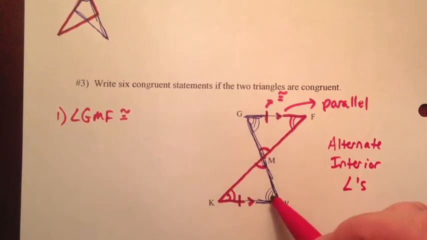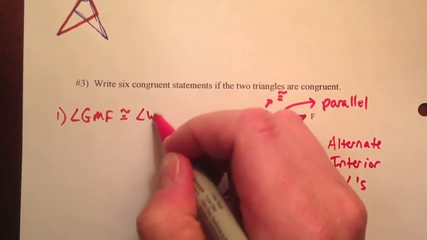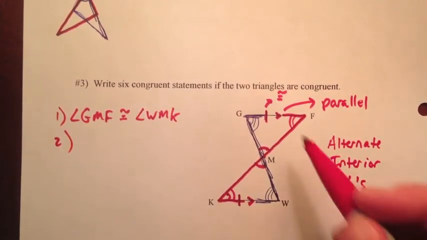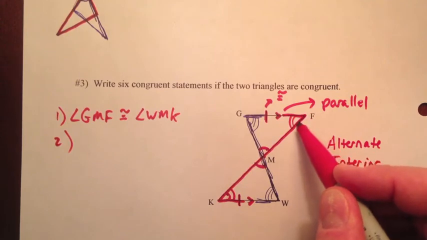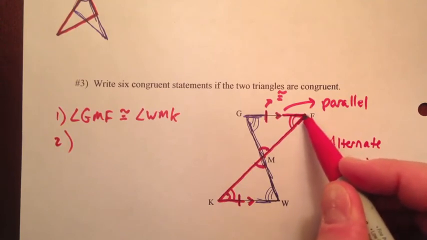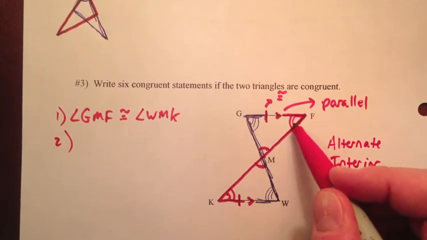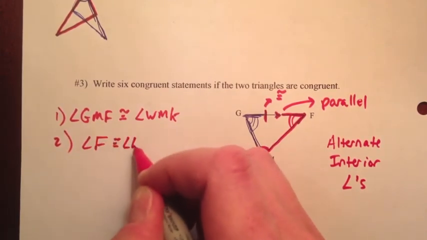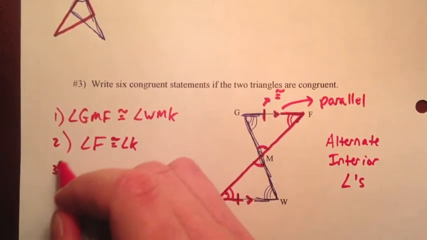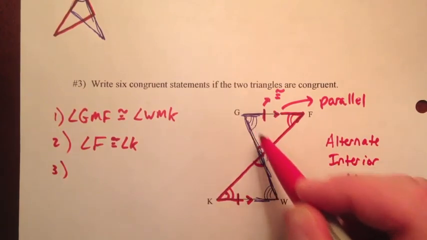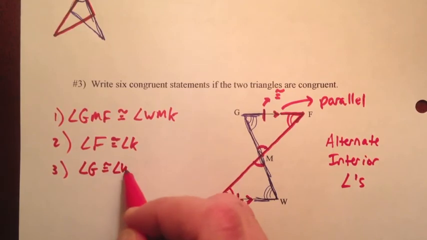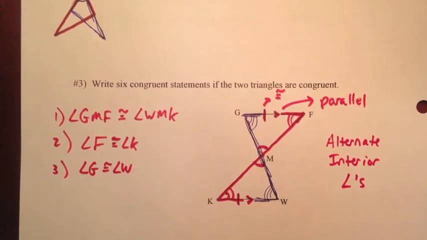GMF, 3, 1, 2, angle WMK. Now we could say angle F, and you only need the F. That's the vertex, that's the only angle F in this picture, is congruent to angle K. Angle F is congruent to angle K. And then the third thing, angle G is congruent to angle W. Okay, now that's 3. Those are the angles.